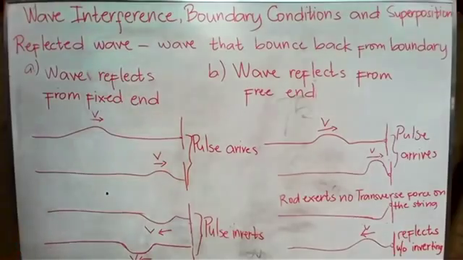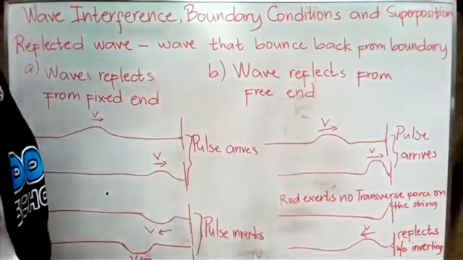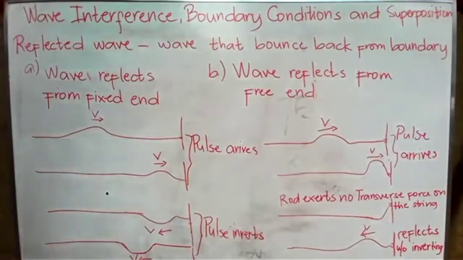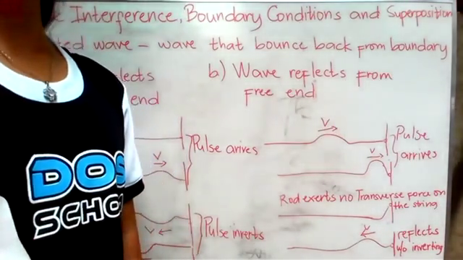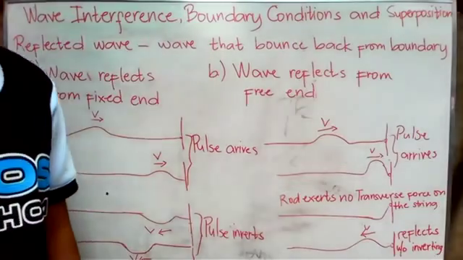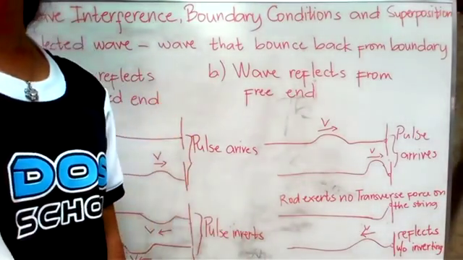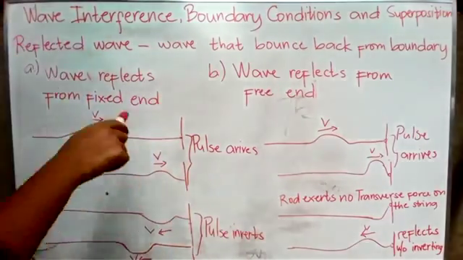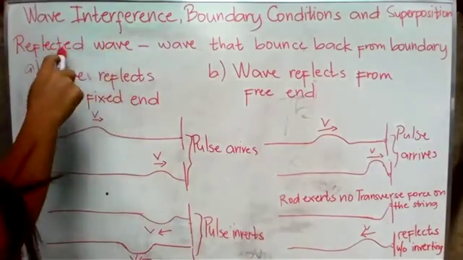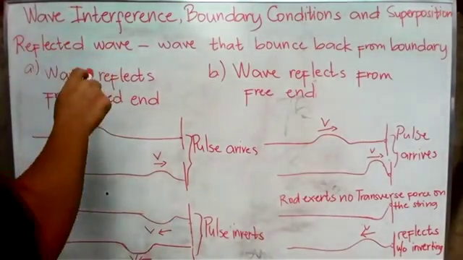Now, let's proceed to wave interference, boundary conditions, and superposition. When a wave strikes the boundary of its medium, all or part of the wave is reflected. This is what we call the reflected wave.